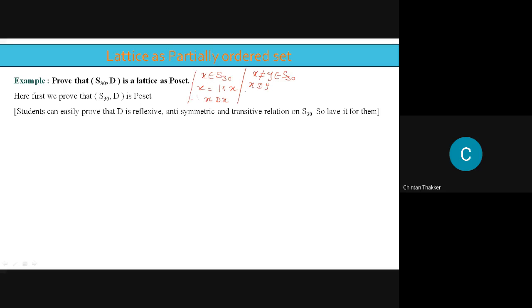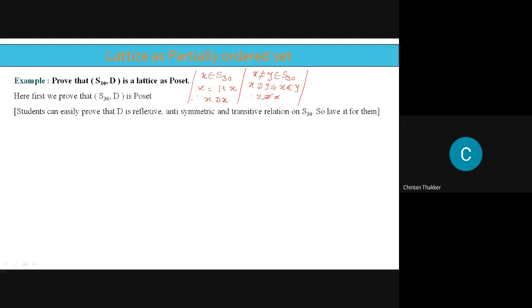That means x is less than y, not equal to, because we have already taken x not equal to y. So x is less than y, therefore y cannot divide x. So it is anti-symmetric.